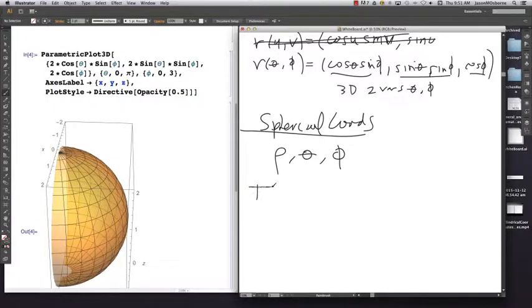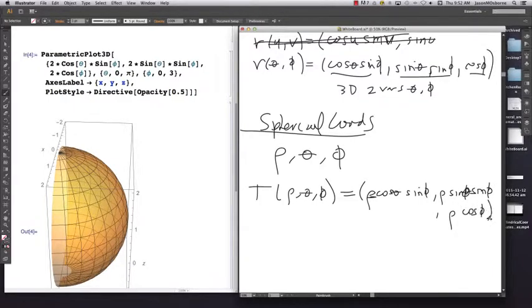And the transform involved there will be rho, theta, phi, which is a transform from rho, theta, phi space to xyz space. And you would write rho cosine theta sine phi, just by putting a variable radius in front of here. So rho sine phi, rho sine theta sine phi. Sorry, the pen's not working very well. And then rho cosine phi.